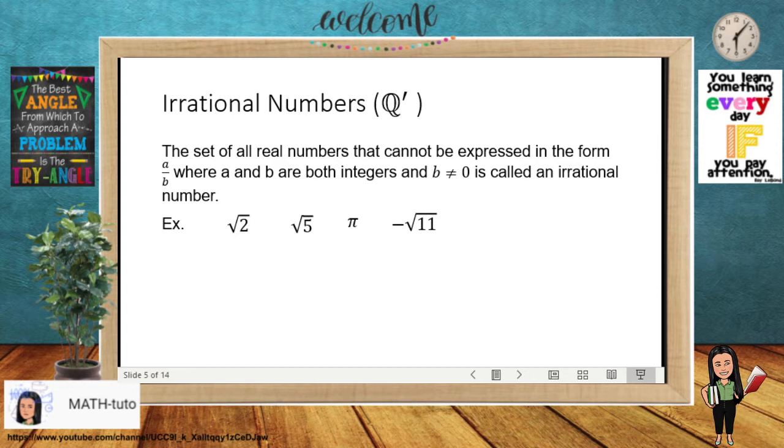Usually, the radicals in which the number inside is not a perfect square is an irrational number. Also, decimals that are neither repeating nor terminating are also irrational, such as these examples.